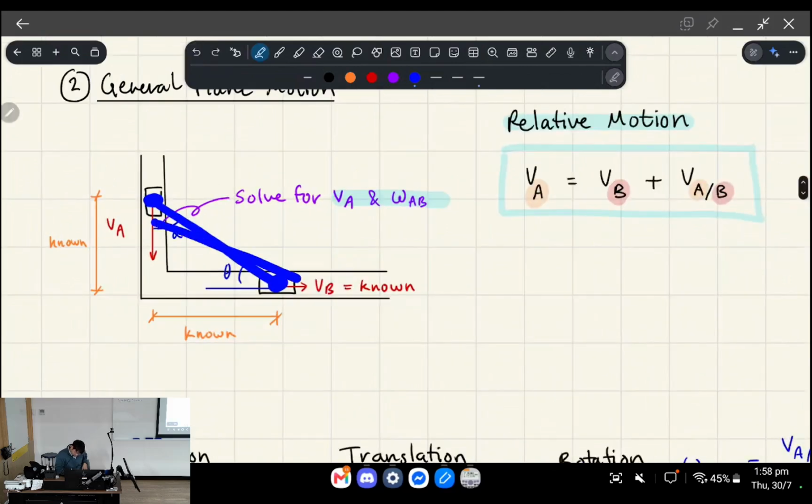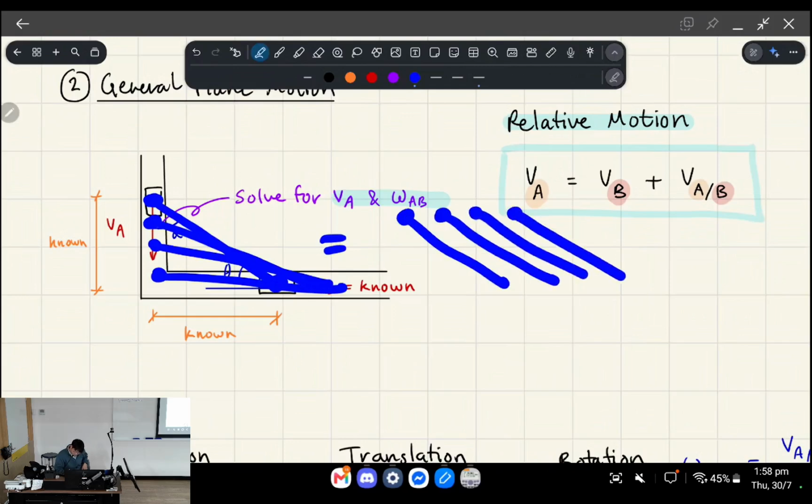So this path is equal to this plus this.